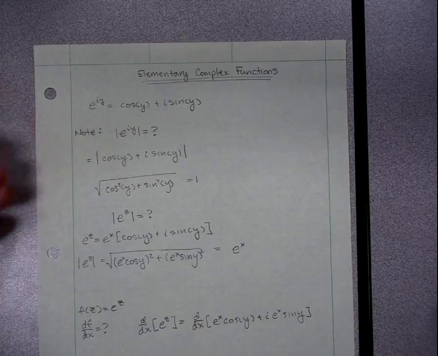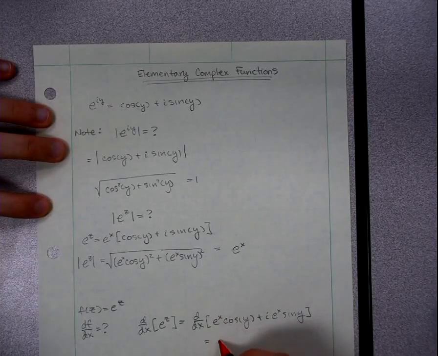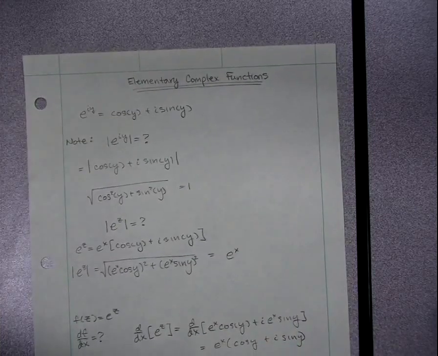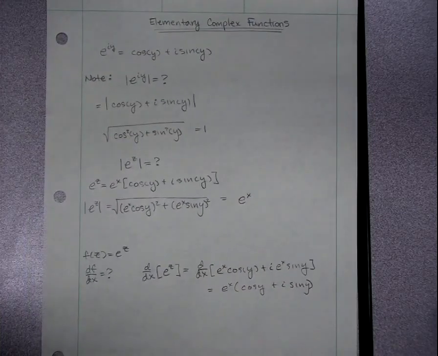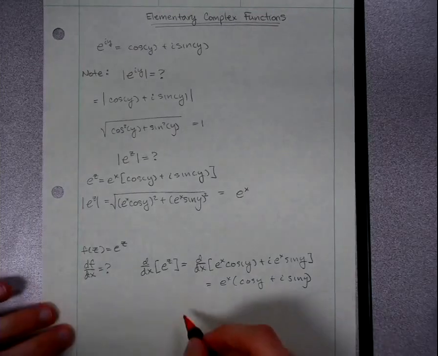And again, we know the derivative of e to the x is just e to the x. So in the end, we end up getting that it's just e to the x cos y plus i sine y.